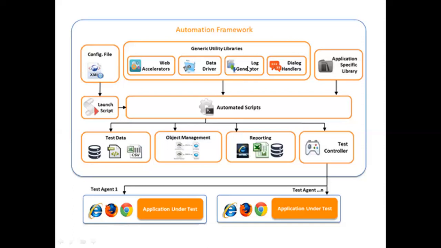I'll just give a high-level description. What is our framework? How are we designing the framework? This is the high-level framework design. What you will do normally is write the test cases.